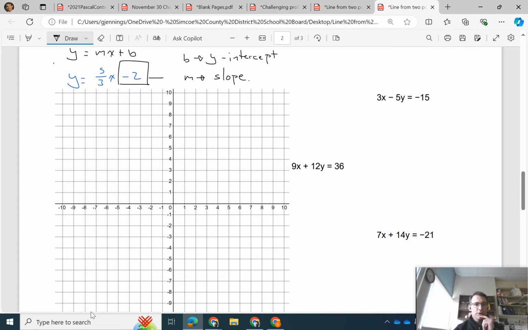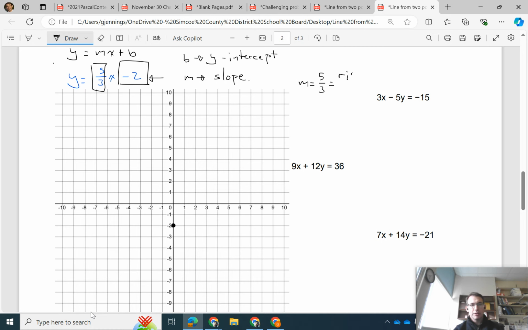Okay, so the first thing that I look at is this minus 2, and I go ahead and I put it there. Easy. All right, that's one of the points on the line. And next, I'm going to use this idea of 5/3. When I'm looking for slope, m equals 5/3.